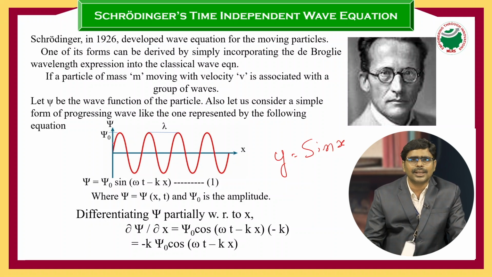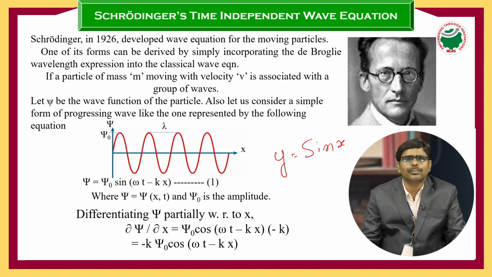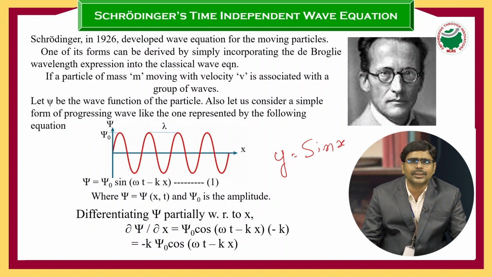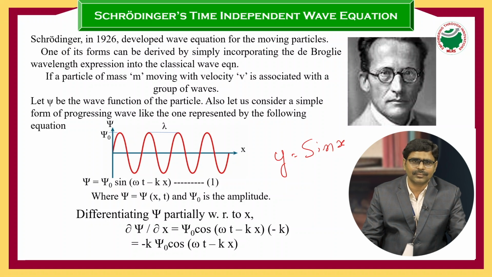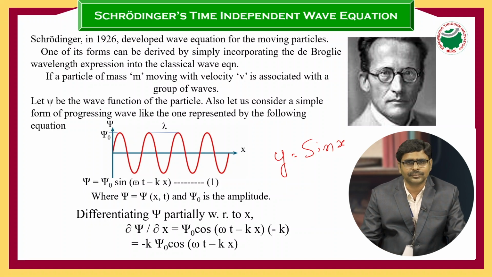That is called the maximum displacement of the particle. We denote it with xi naught, which is the amplitude of the wave. This function is continuous and is explained by the sine wave.